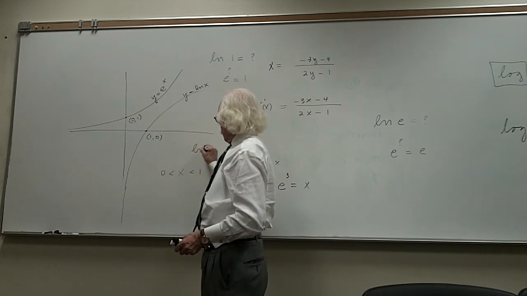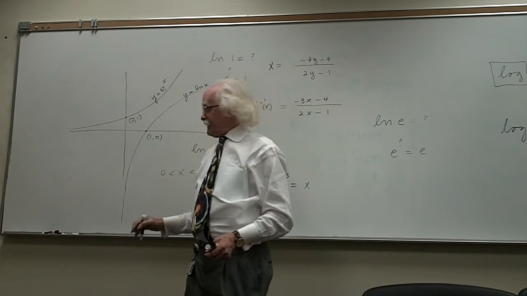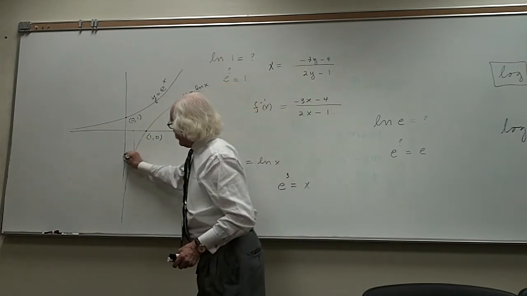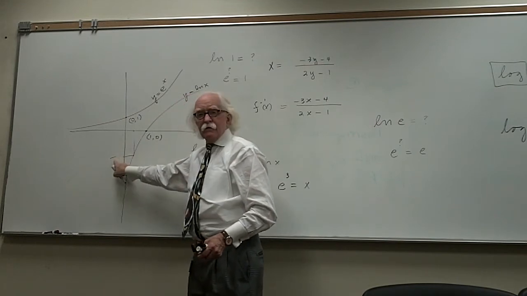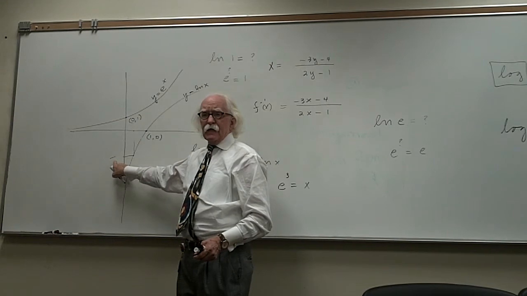If you took the log of, say, 0.5, there's 0.5 right there, you're going to get a negative number. That make sense?